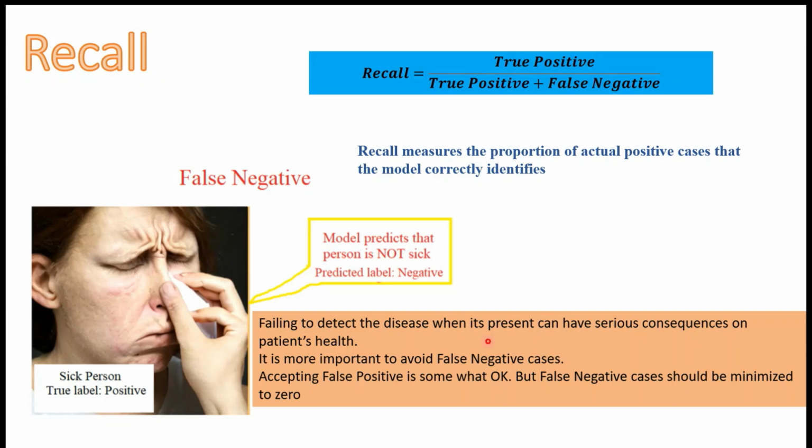So we need to make sure that the number of false negative cases is almost zero. Even if the model accepts some false positive cases, that will be fine. Of course we need to minimize false positive cases, but the number of false negative cases always needs to be minimized to zero, because this is very, very important.